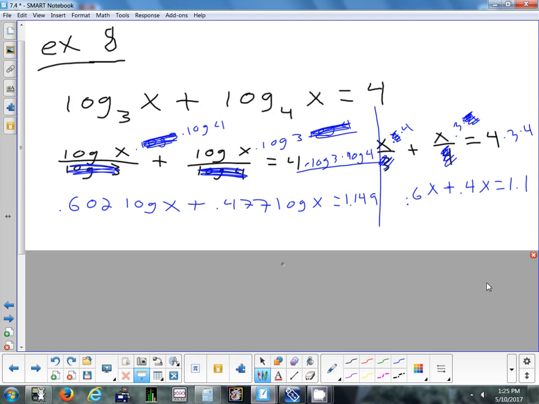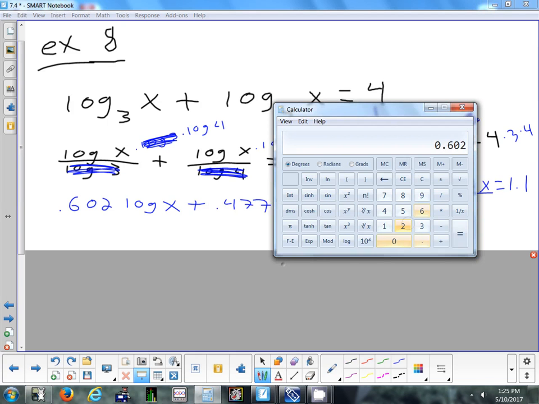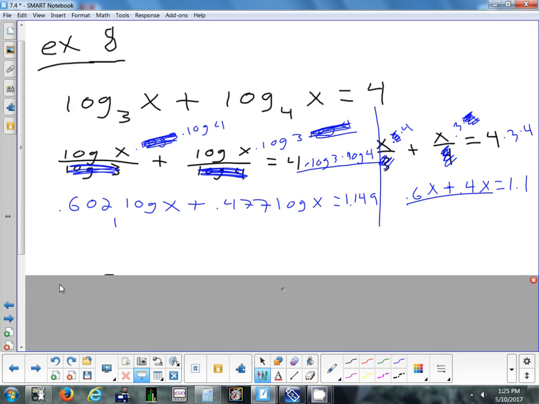Yeah, combine like terms. So in this case, this would be like 0.6 plus 0.4, it would be 1x. Well, let's just add these up and see what we get. 0.602 and 0.477. 1.079 log x.